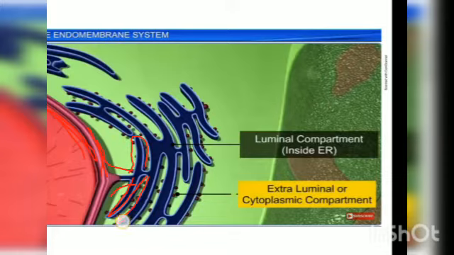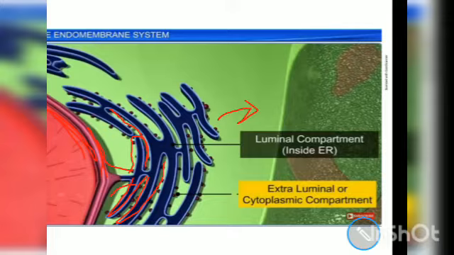These are called cisternae, and they extend towards the cell membrane, and this extended layer forms a network of cisternae which is called the endoplasmic reticulum, and it forms two parts in the cell. The inner part is called the luminal compartment, and the outer part of the endoplasmic reticulum system is called the cytoplasmic compartment or extraluminal compartment.